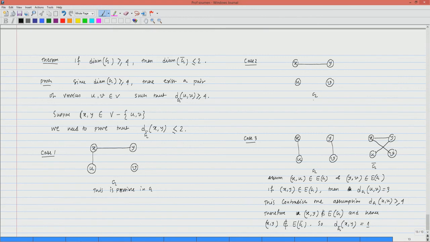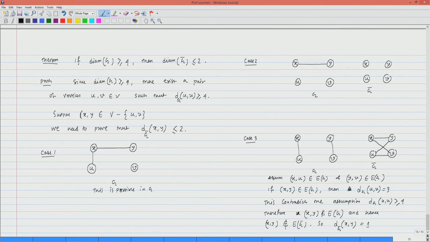So, here in case 2, this is the situation in G. So, in G complement, of course, this edge also will be there. In G complement, what will happen is that x, y, u, v.